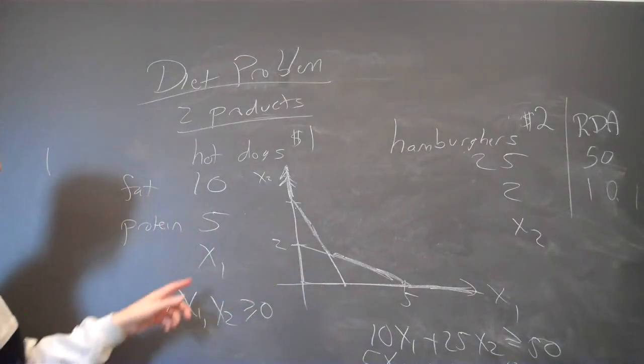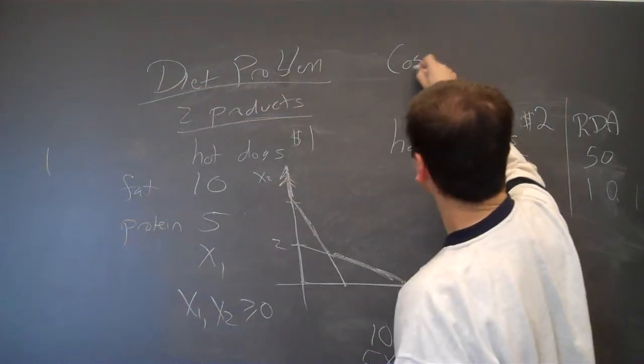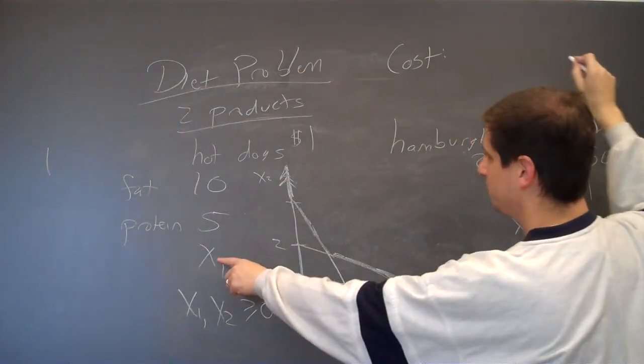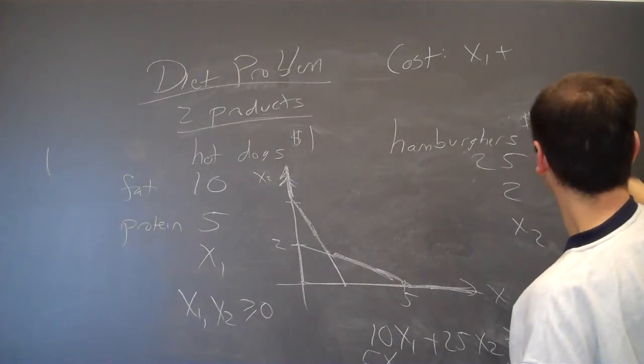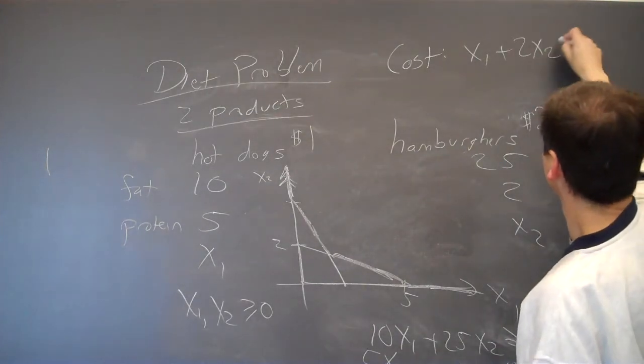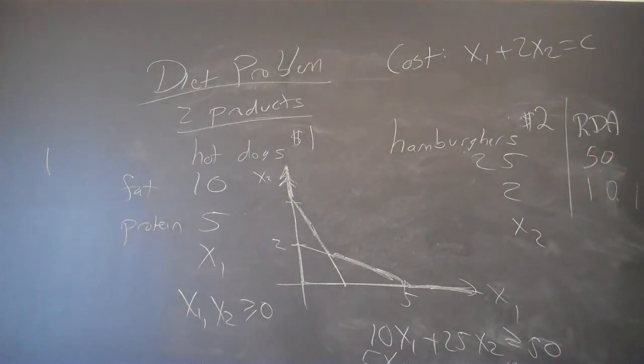So let's look at our last thing. Our cost is going to be x1 plus 2x2. And let's call that C. Upward sloping or downward sloping? Down.